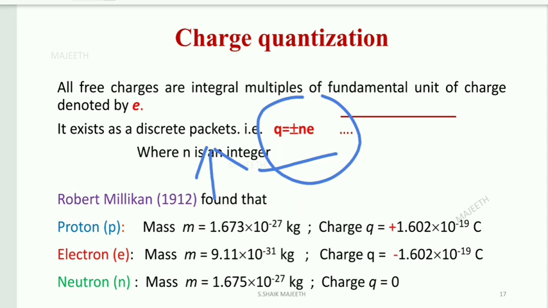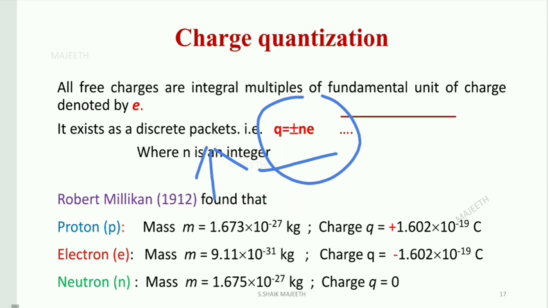But if you want to talk about only one electron in your mobile phone, because your mobile phone is an object made up of atoms, and that atom has electrons and protons, so if you want to analyze that electron, you need charge quantization. If you want to think about your mobile phone as a whole, we don't need it. That is the big picture, macroscopic. Macro means big, micro means small. So microscopic analysis goes for charge quantization. For macroscopic analysis, no need to go for charge quantization, right?